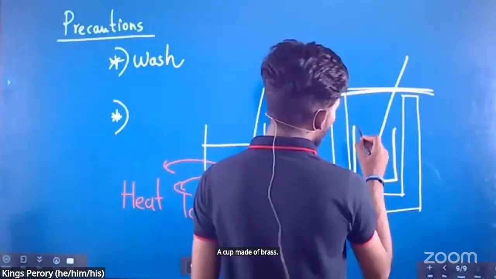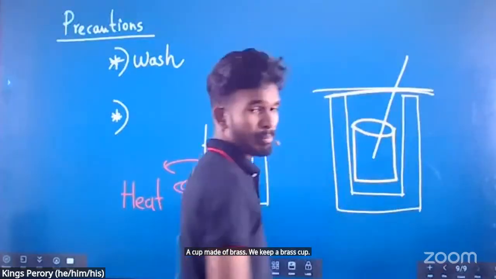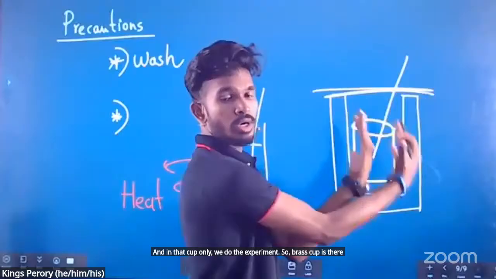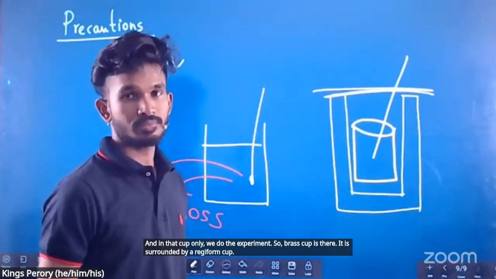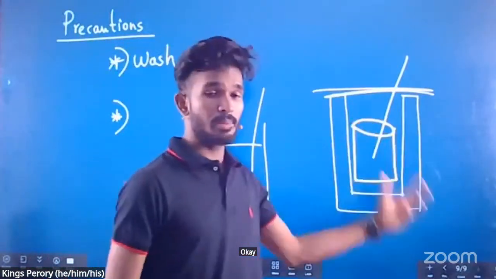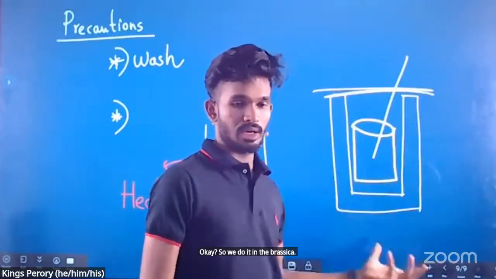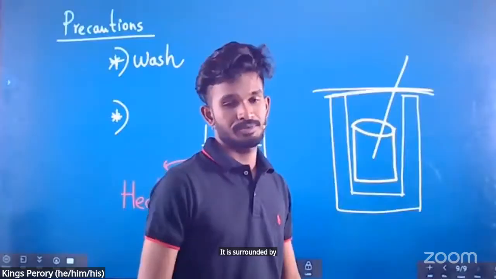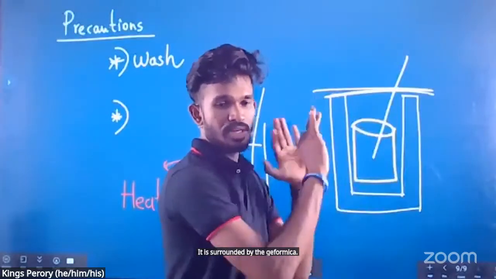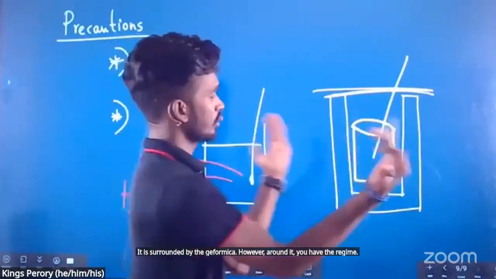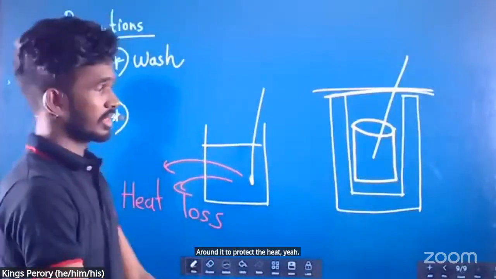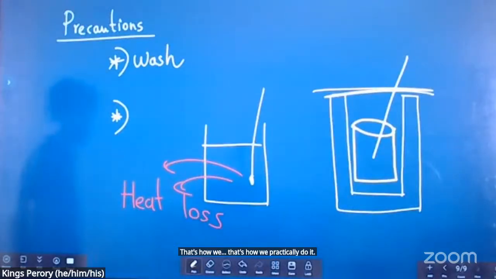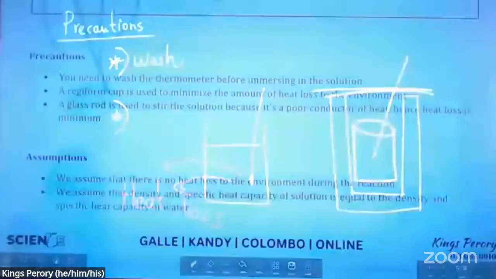We do the experiment in that brass cup only. Not even in glass, a brass cup. It is surrounded by a polystyrene cup. Around it, to protect the heat, you have the polystyrene cup. That's how we practically do it. Okay, no?